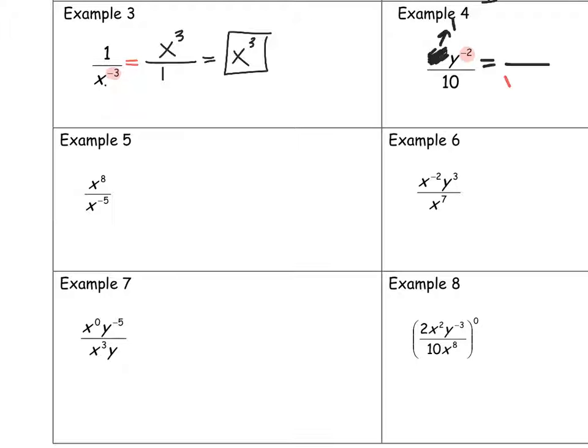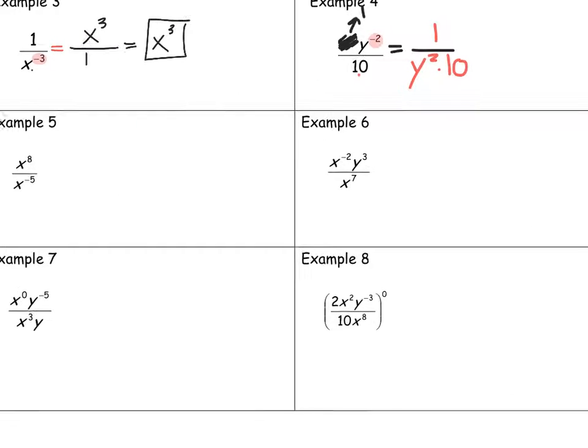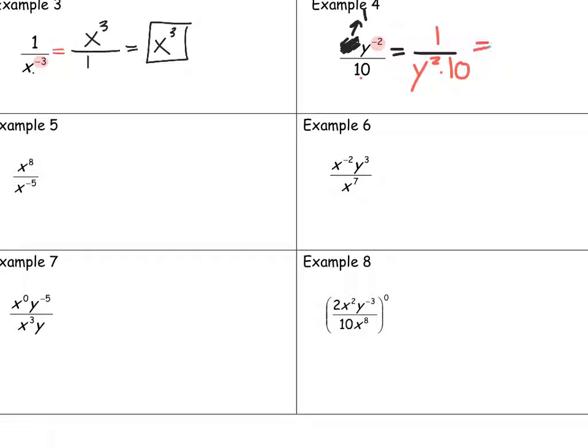I'm going to put it down here, y, and instead of negative 2, I'll make it 2. And then the 10 started in the denominator, so it'll stay down there. And there's nothing left in the numerator, so I put a 1. Let me just reduce this final answer, because I wouldn't write this like this normally. I would write it with 1 over, we normally put the number first as a coefficient, 10y squared.